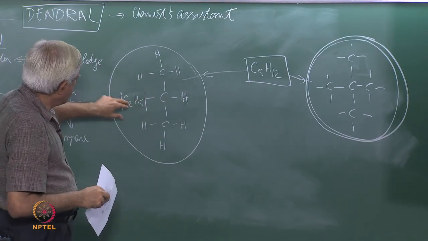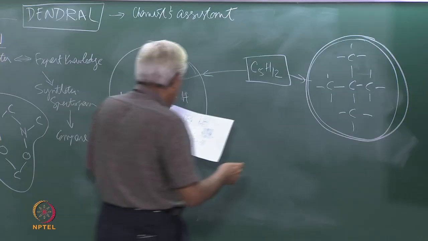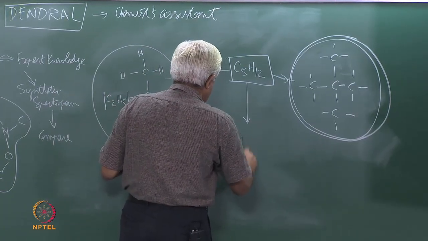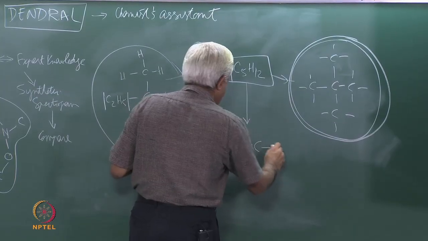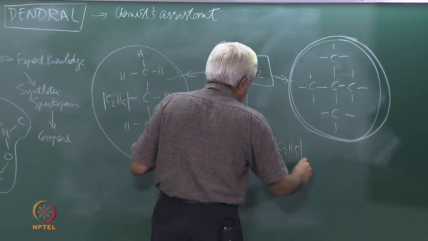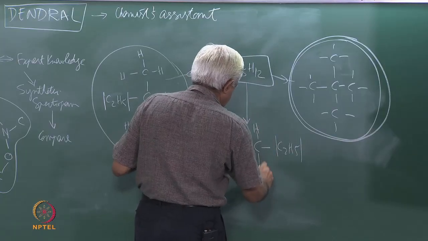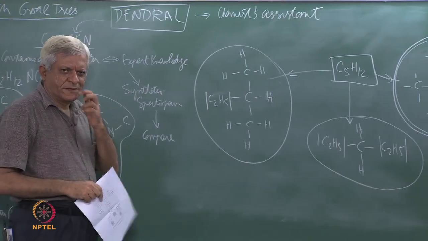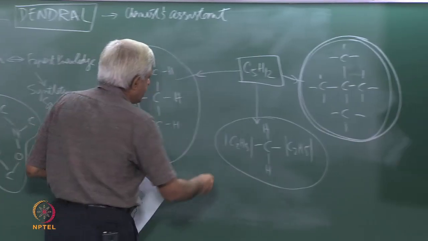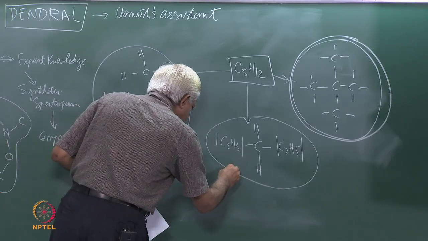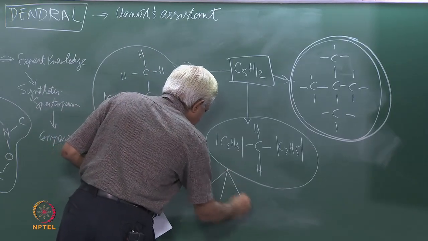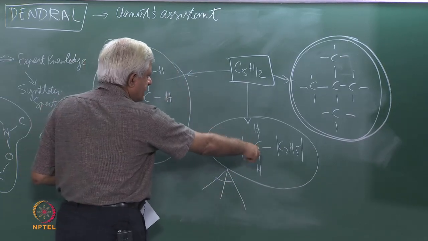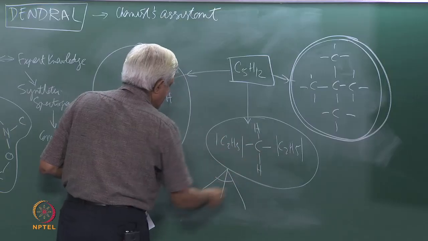So, 3 carbon atoms are here, 2 are buried inside here, or this is another partially elicited structure, and this itself would now have 3 children which correspond to this part and this part.